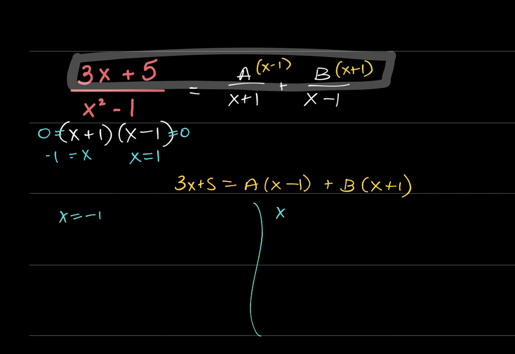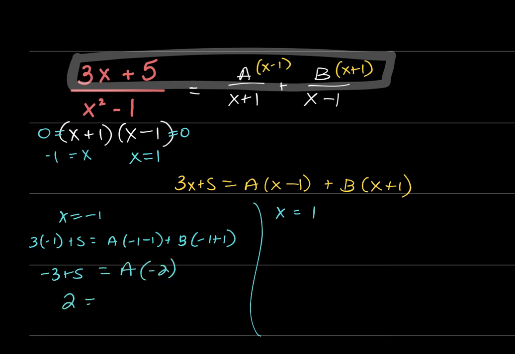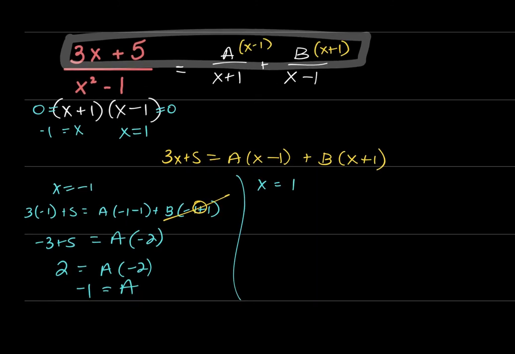Negative 1: every x becomes a negative 1. Negative 3 plus 5, that's 2, equals A times negative 2. Here's my 0, so the B's gone, which was the whole point of that. And A is negative 1.